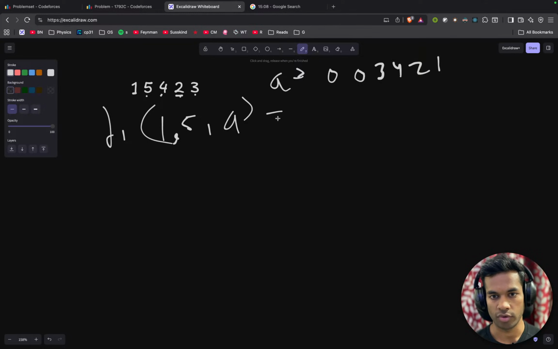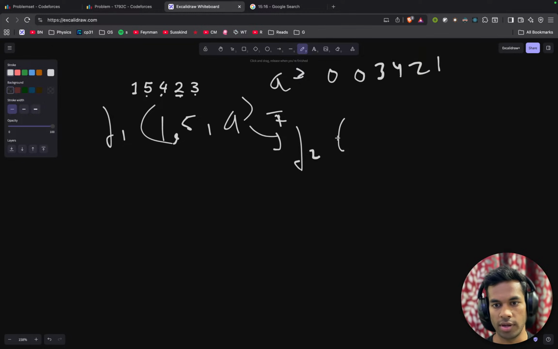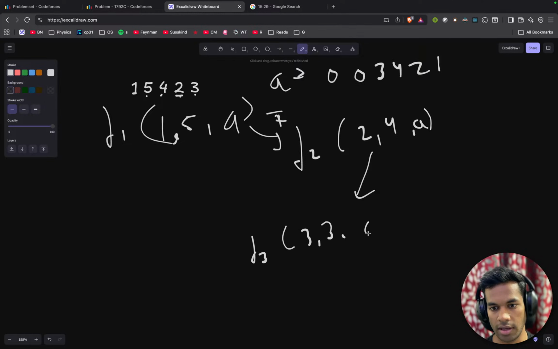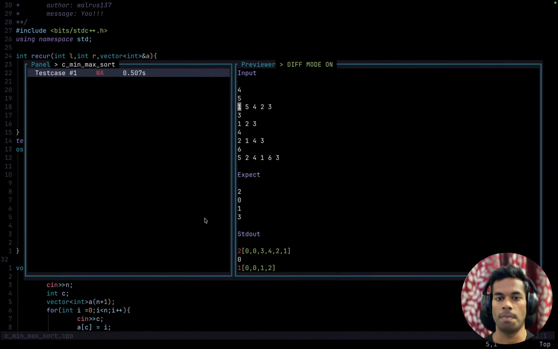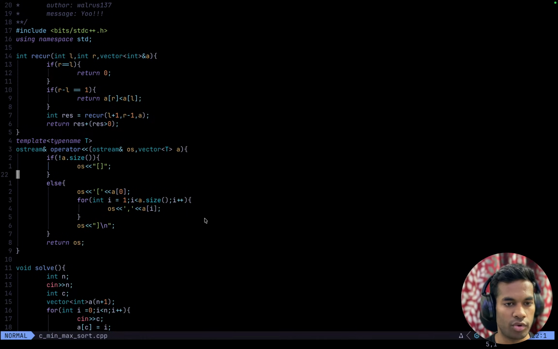So f1 function call, answer for this is second function call f2. This depends on f2, where we have given here 2 and 4 and our array a, and for this answer depends on third function call 3 and 3 and a. So when this is the same, we just give 0.